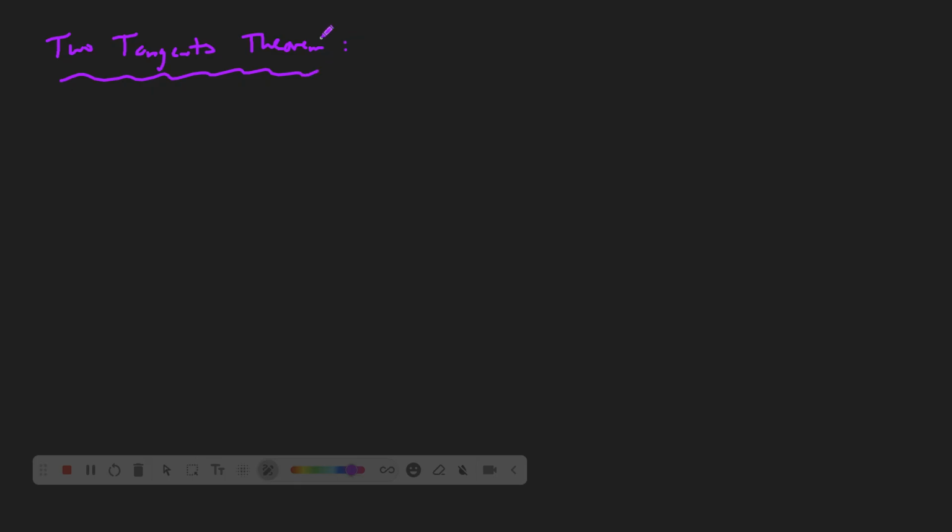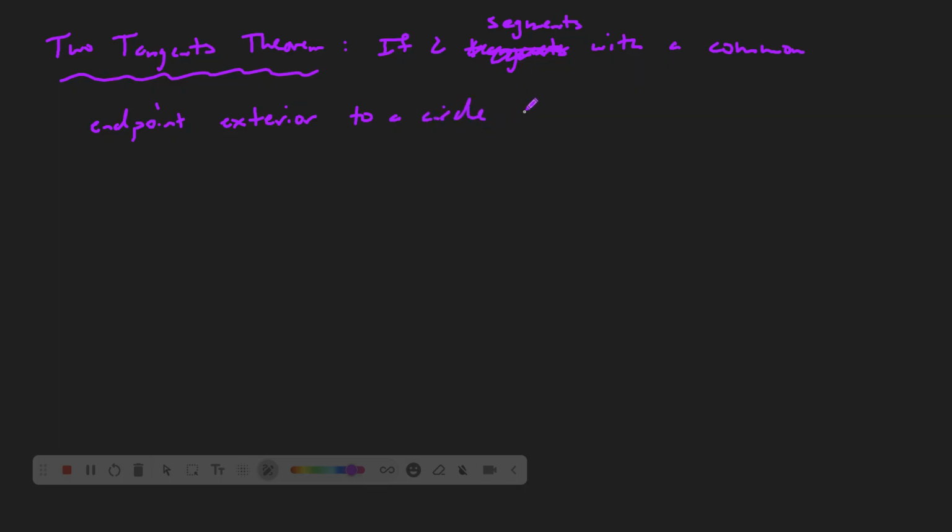So the two tangents theorem says if two segments with a common endpoint exterior to a circle are tangent to the circle.